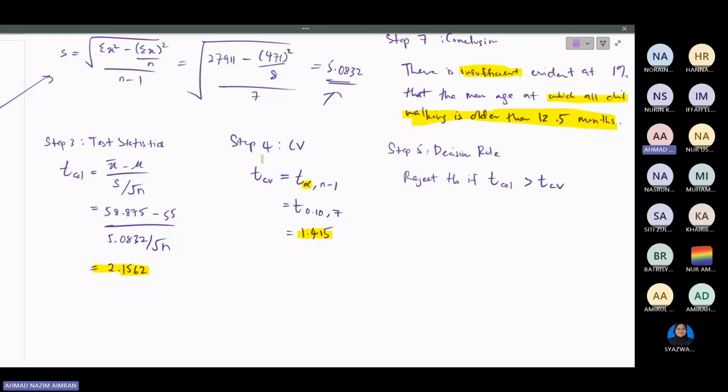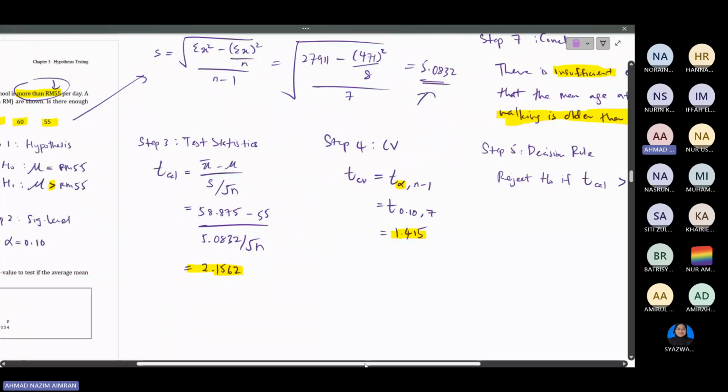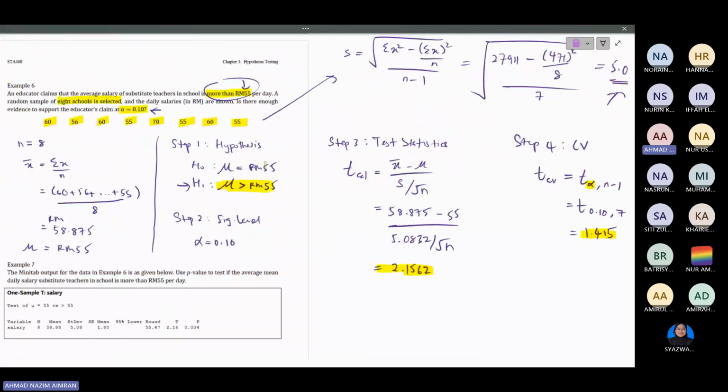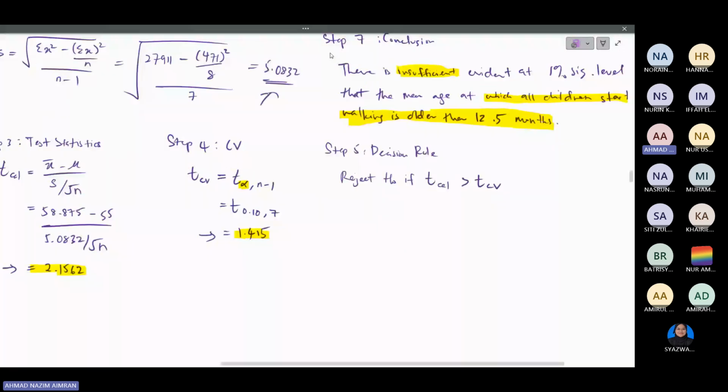Remember, for right tail test, the alternative uses the greater than symbol. For the test statistic, you should get a positive value, and you need to compare with the positive t critical value. That is why, for the decision rule, the symbol here is also greater than.